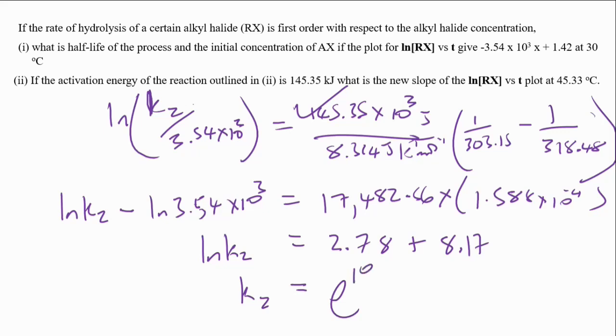And I got 10.95, and the exponential of 10.95, I have something like, and that is our new slope, which is the new rate constant, in other words. That is how you would solve such a problem.